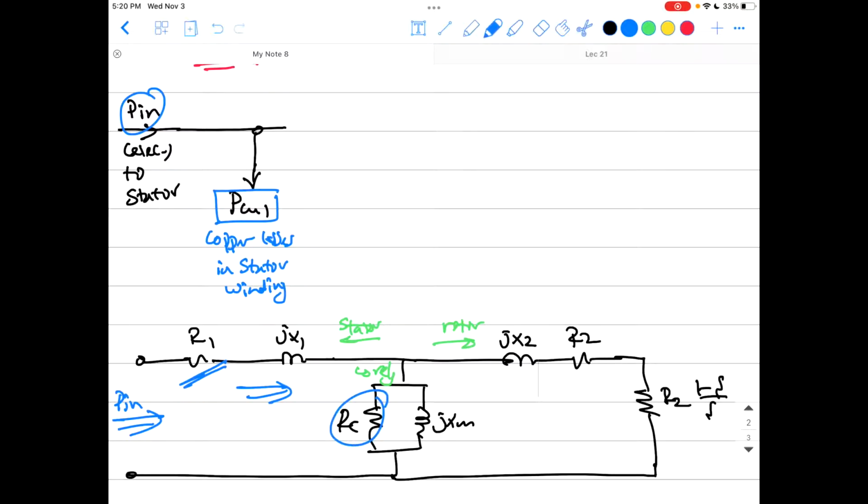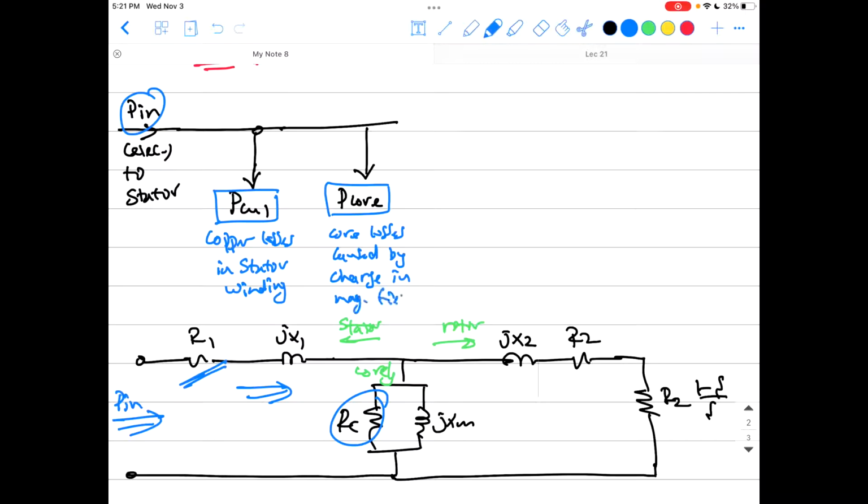And you encounter here RC, which is the core losses. So you start losing power again in the core. So that is P core, okay? Like we said before, those are the core losses, caused by change in magnetic field.